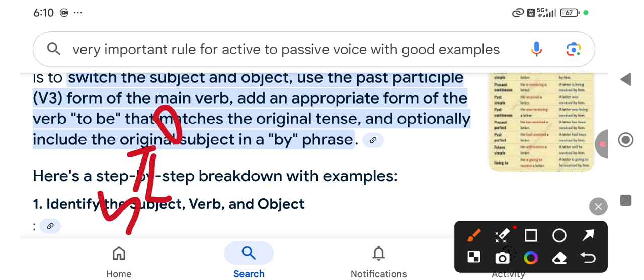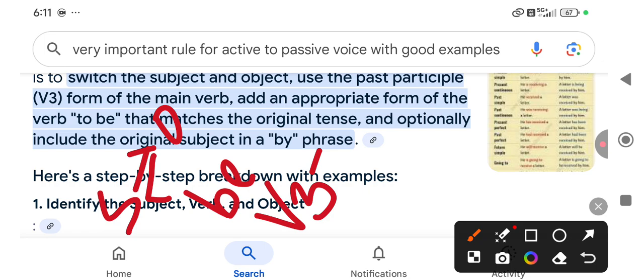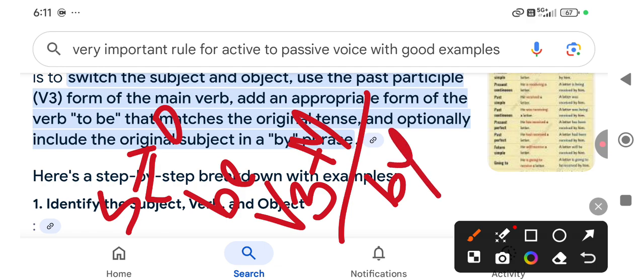Then number two, inclusive of be form: am, are, was, were, be, being, been, anyone. Then the past participle of the main verb, so the third form of the main verb. Then the fourth one is by, and the fifth one is pronoun. Noun will be the same, but pronoun I'm telling you later on.